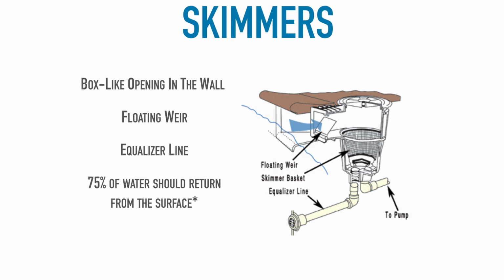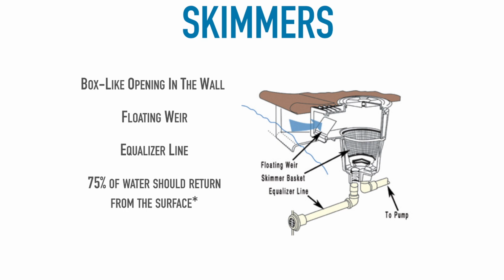The reason why I bring this up is because you'll look over on page 123 of your book, and we referenced this a little bit earlier, and you'll see that it says there that the recommended standard practice is that 75% of the water should return from the surface back into your circulation system. Other codes have a 50-50 split, and some codes have no requirements at all.